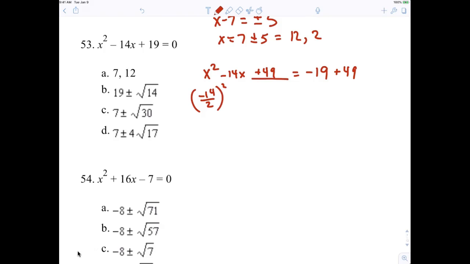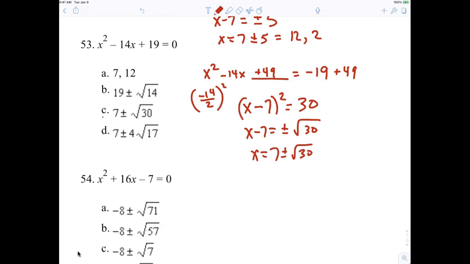So now, x, remember it always factors into whatever the half was. So it's x minus 7 squared equals 30. Now you take the square root. So x minus 7 equals plus or minus the square root of 30. And then from there, x equals 7 plus or minus the square root of 30. Correct answer was C.